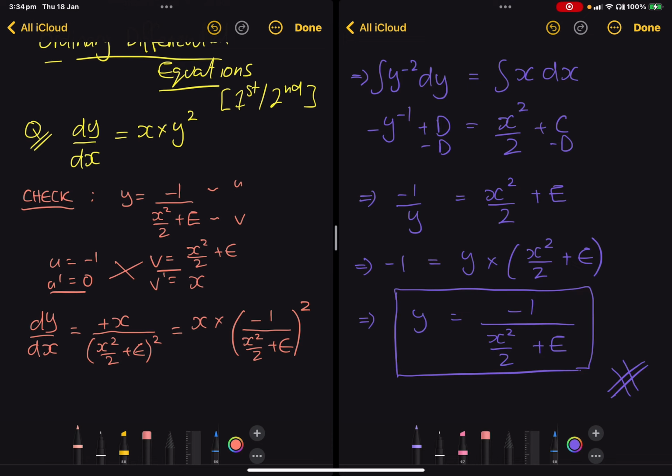And this is the form of the original equation, the one in yellow up the top. So this is dy/dx equals x times y squared.